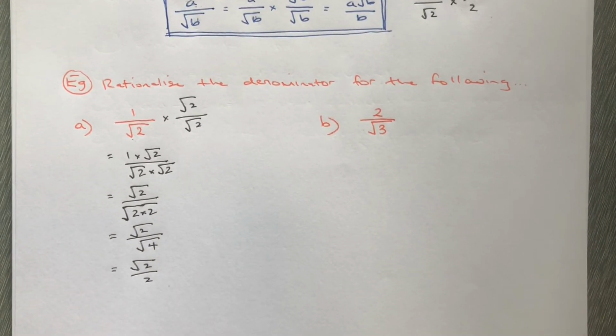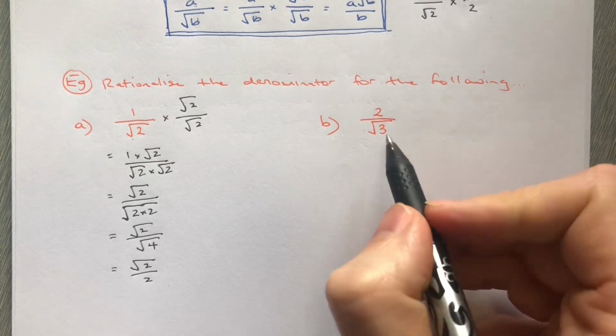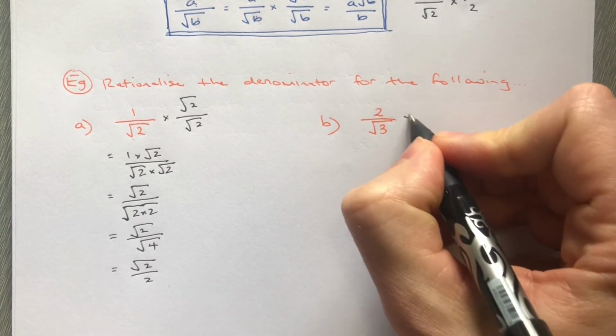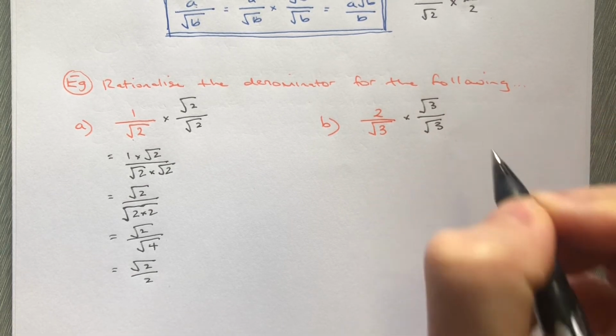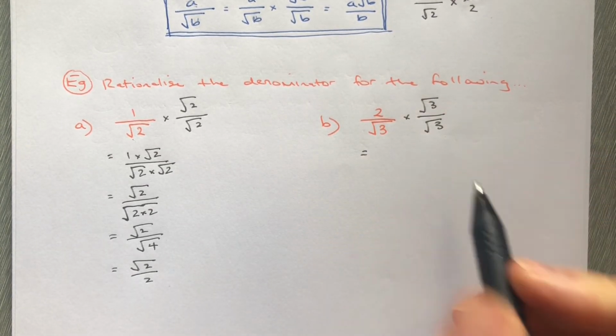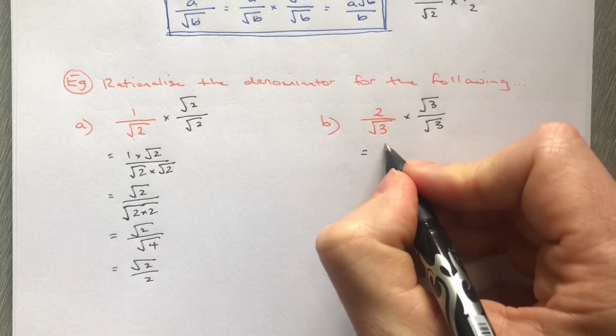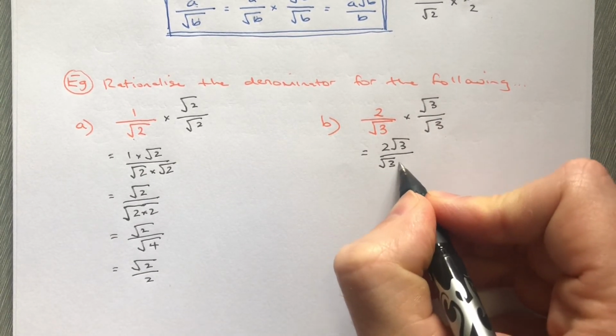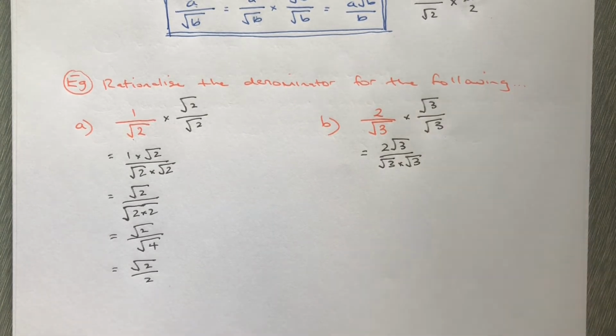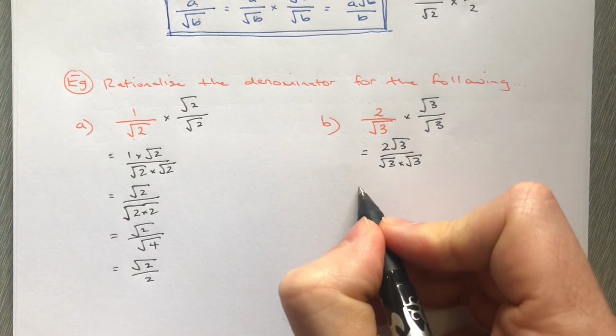Alright, let's try the exact same thing with b. Underneath here we've got root 3, so we're going to times it by root 3 on root 3 and go through that same process again. So 2 times root 3 up the top, down the bottom we've got root 3 times root 3. Now you don't have to write down every single step if you don't want to.